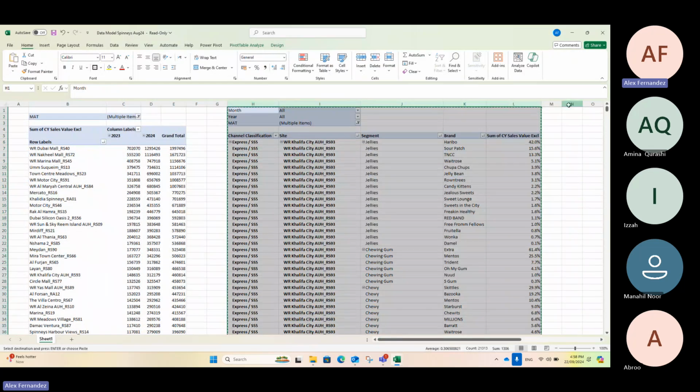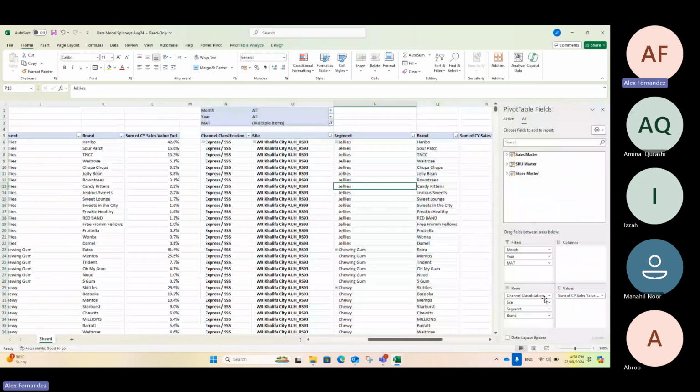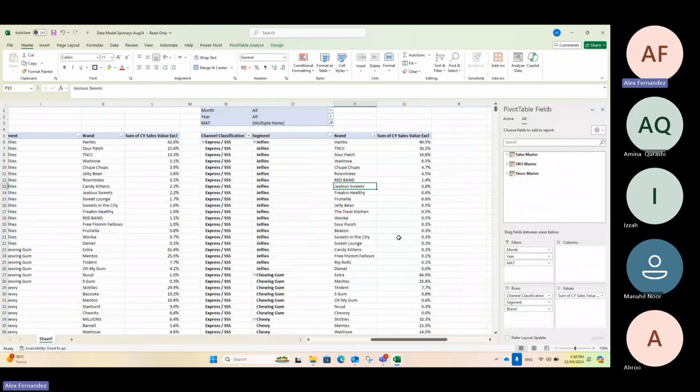The third pivot table: you just put the channel and you remove the site. That's it. So within express stores, Haribo MAT is 40%. Okay. This is called fair market share.